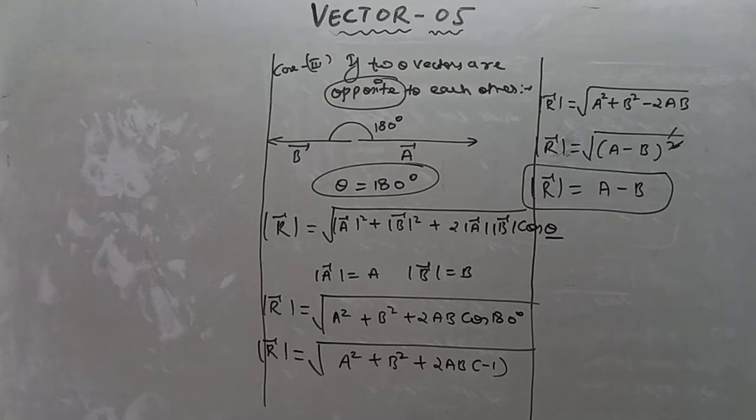Remember, my dear students, if two vectors are parallel to each other, then the angle between them is 0 degrees. Similarly, if two vectors are perpendicular to each other, then the angle between them is 90 degrees.